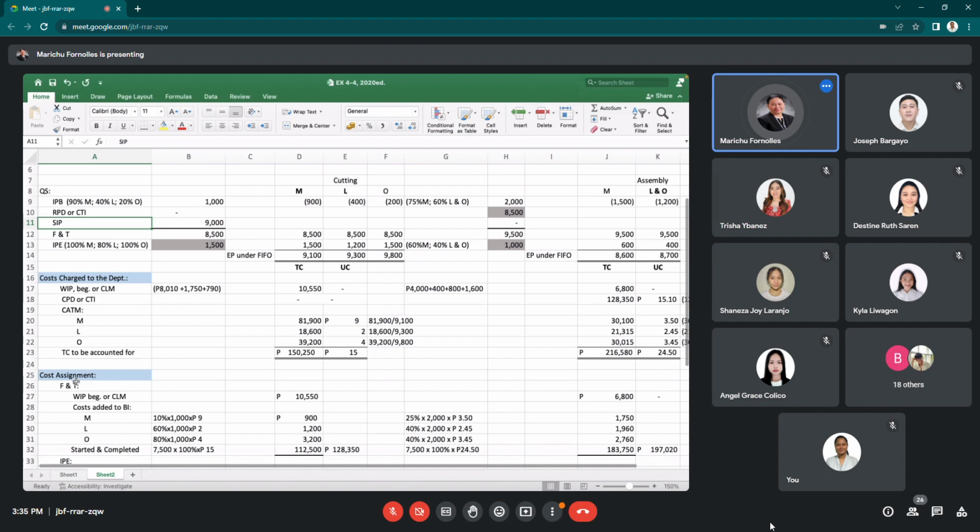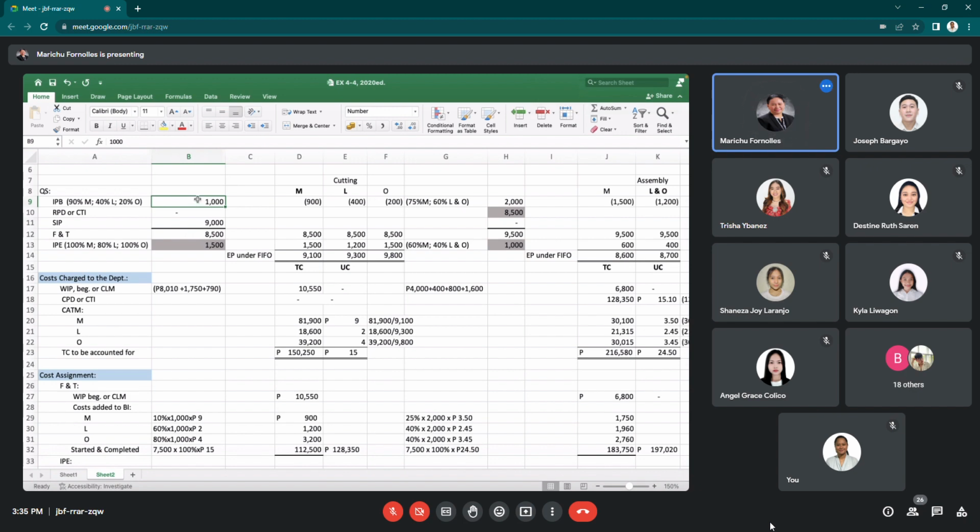So to get the value of F&T, remember we are using first in, first out method. So F&T is 8,500 units, as you can see in the quantity schedule. The IPB is 1,000 units.